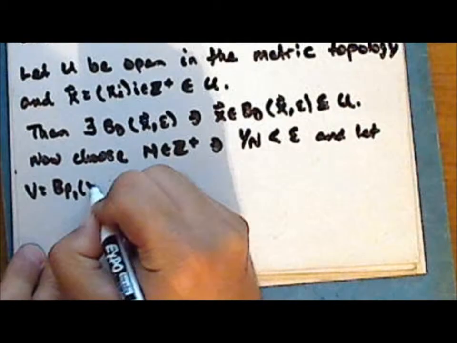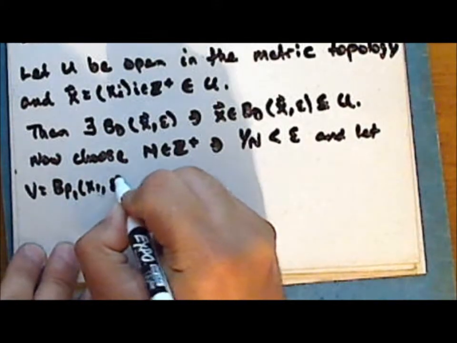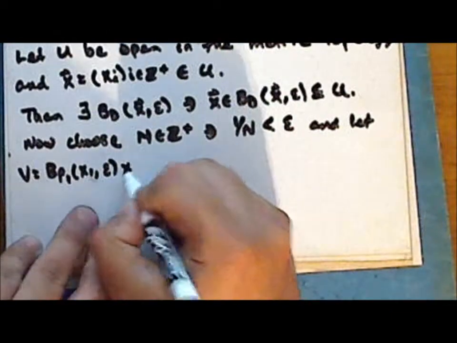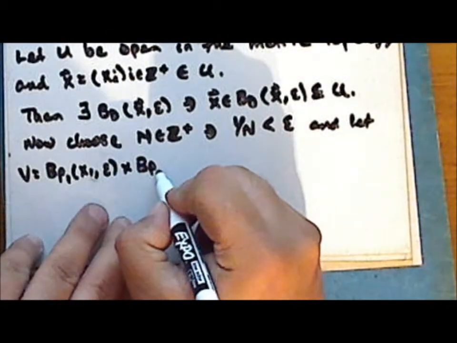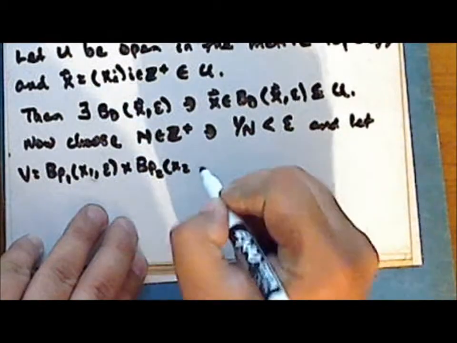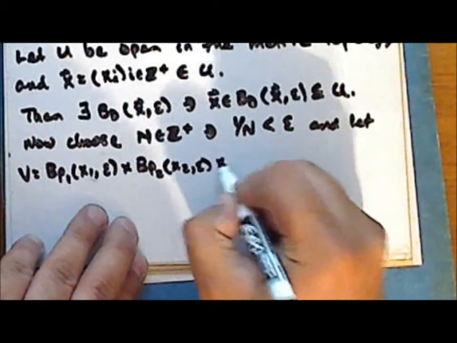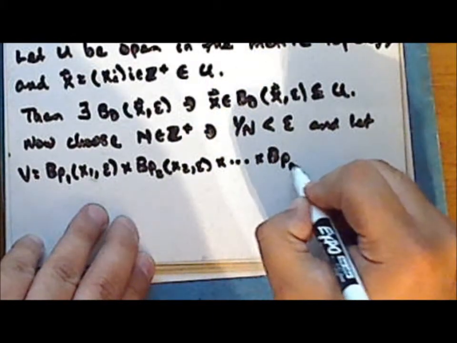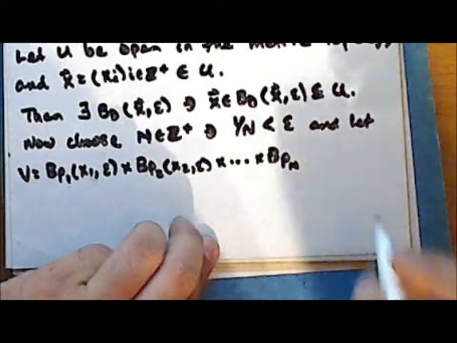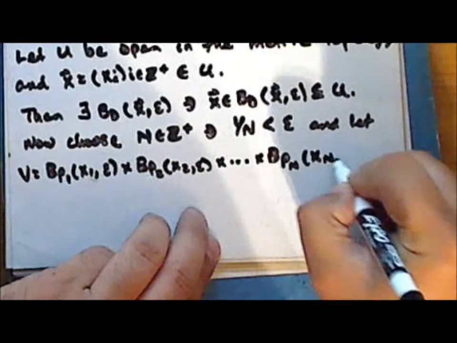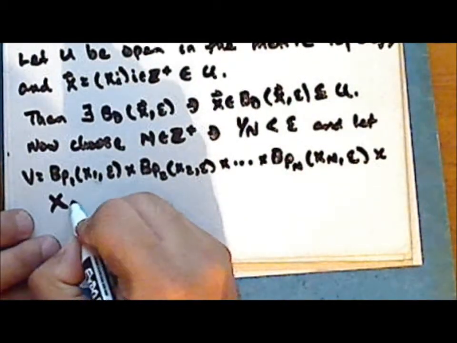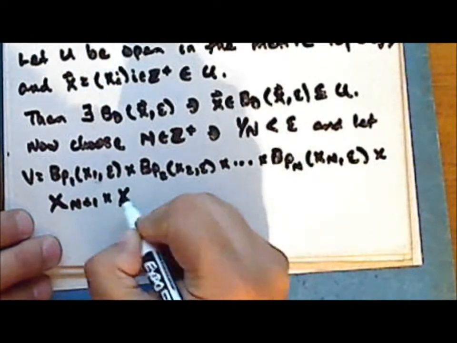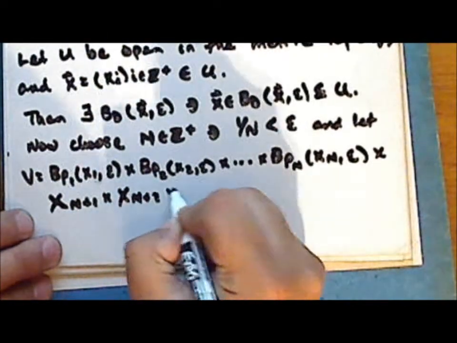So rho sub 1 centered at x of 1 with radius epsilon, times the open ball under the metric rho sub 2 centered at the coordinate x of 2 with radius epsilon, and so on up to the open ball under the metric rho sub n for this chosen value of n, centered at the coordinate x of n with radius epsilon, and then continue the product to be the entire space, so starting x of n plus 1 cross x of n plus 2 and so on.